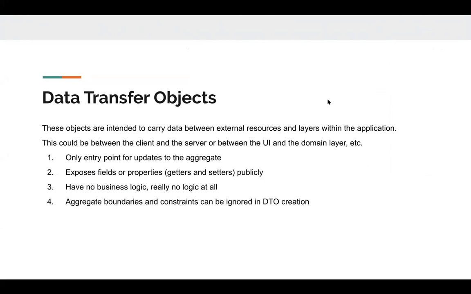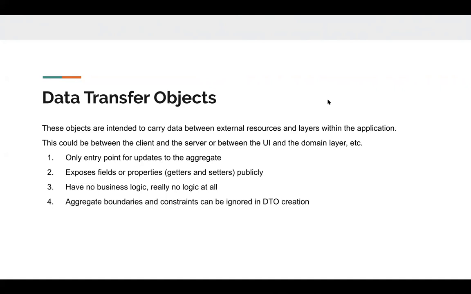Okay. Data transfer objects. We kind of talked about it a little bit, but we need to understand the differences between those and true domain objects. And really, if you've been listening, the main difference is domain objects have logic, whereas DTOs do not. So these objects are intended to carry data between external resources and layers within the application.